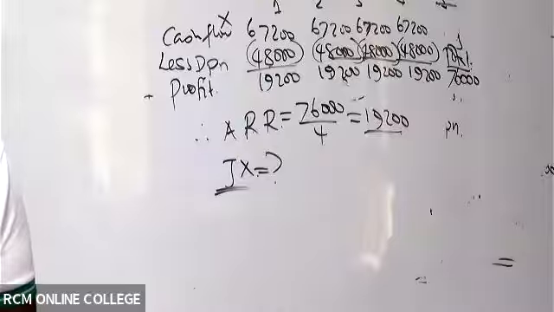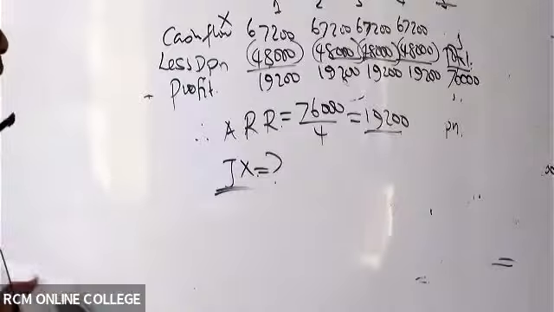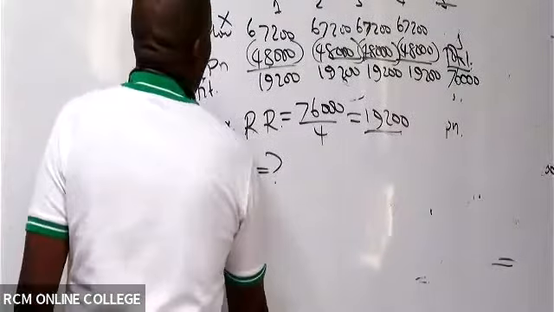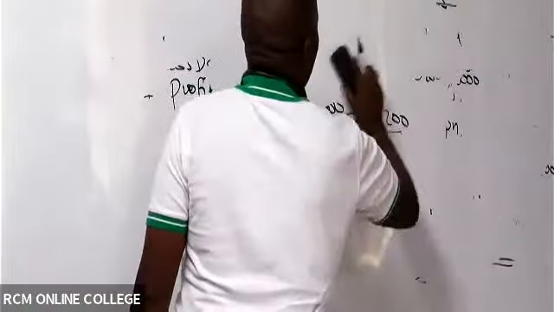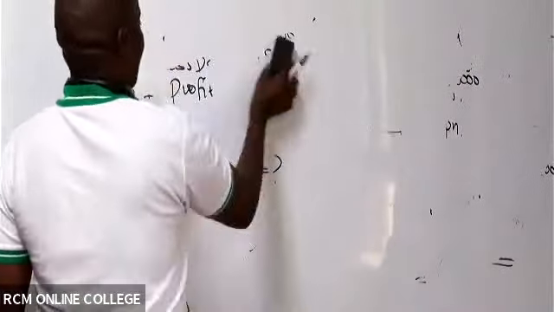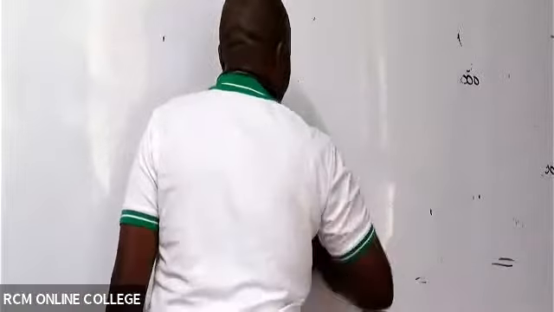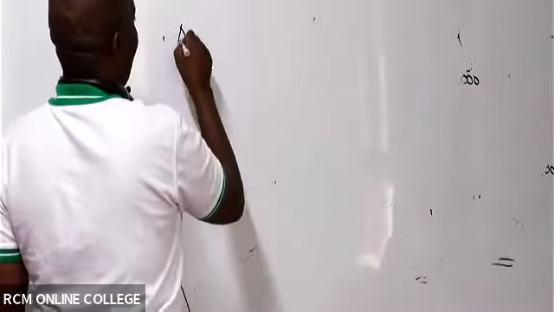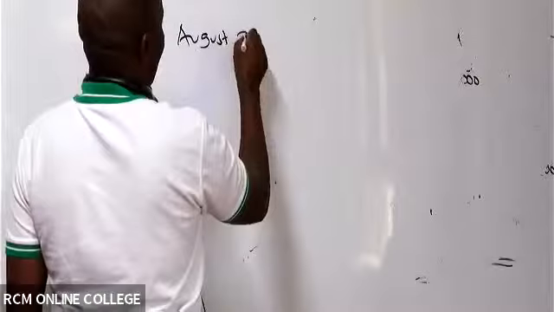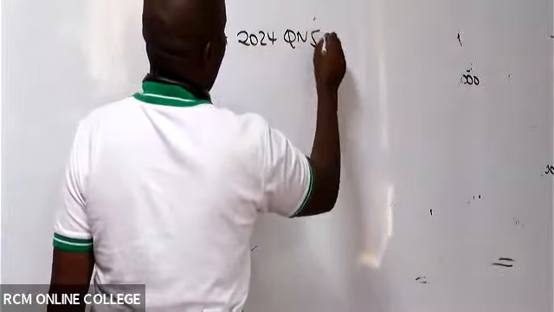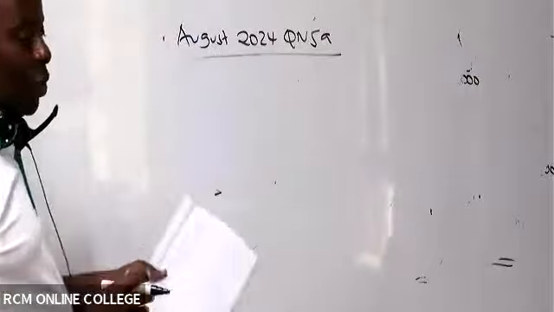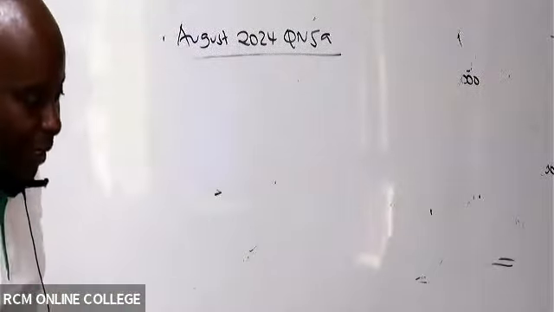So I'd want us to do August 2024, question number 5A. Once you get it, could you kindly say hi?